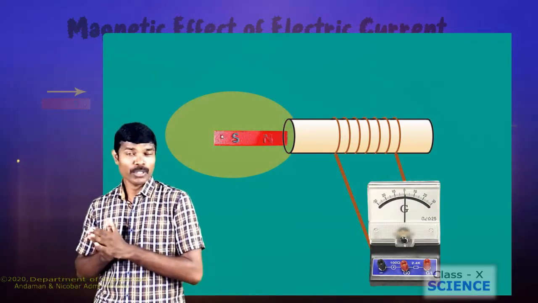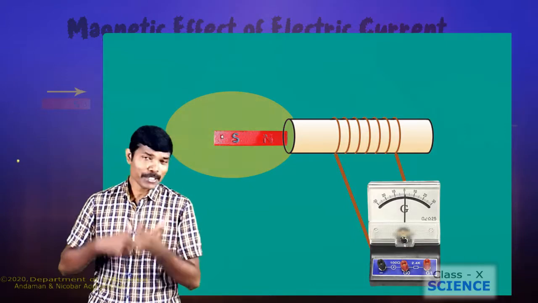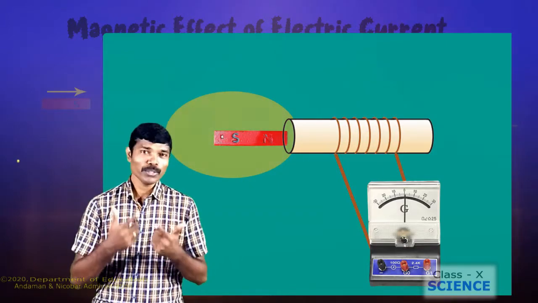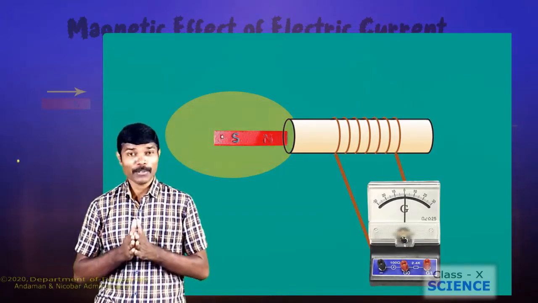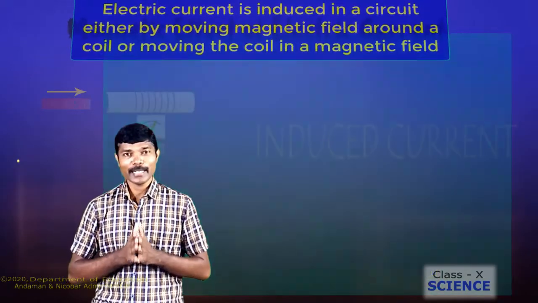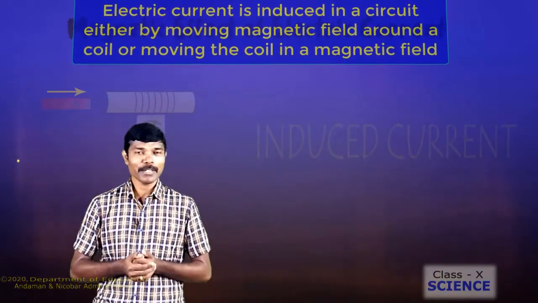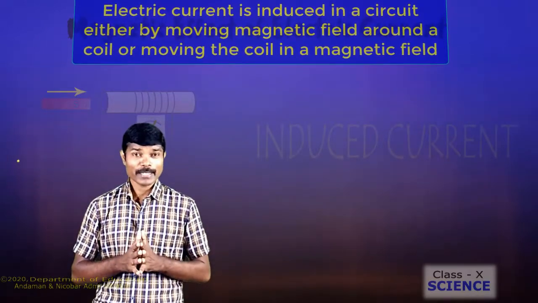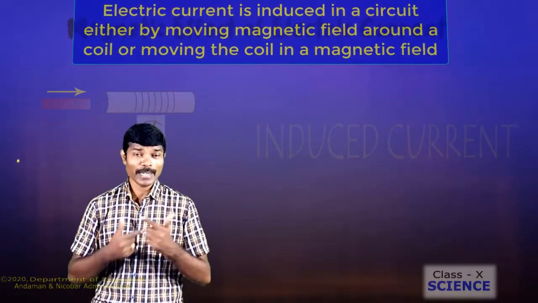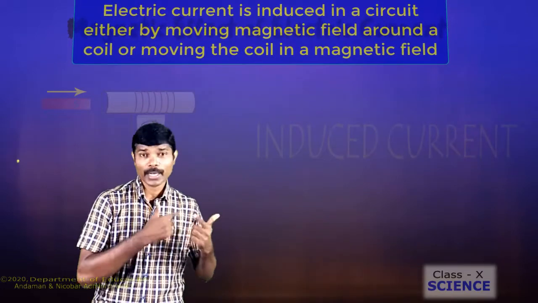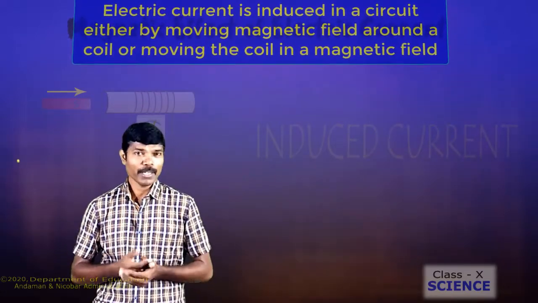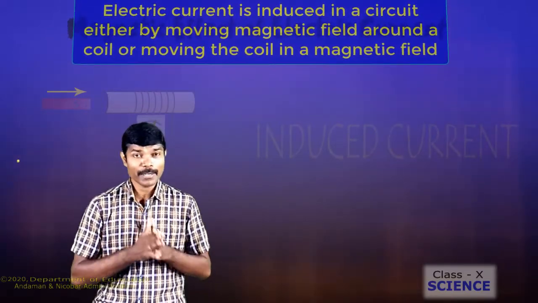In contrast, if we move the conductor instead of the magnet, we can also see the deflection of the needle of the galvanometer, which again indicates that electricity is produced when we move the conductor in the magnetic field. So altogether we can say that if we move the magnetic field near the conductor, or if we move the conductor in a magnetic field, electric current is produced in the circuit.